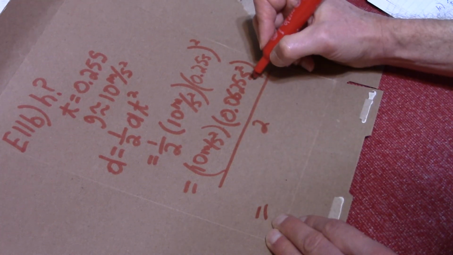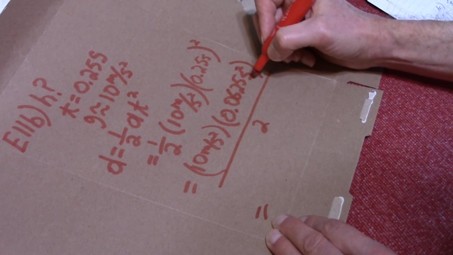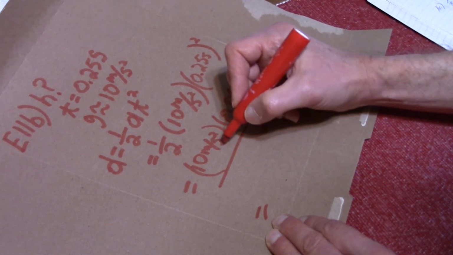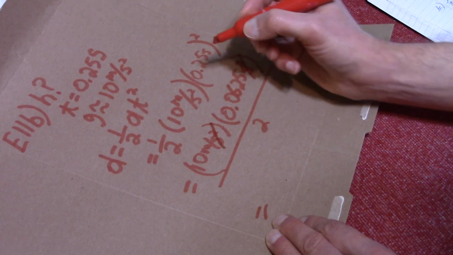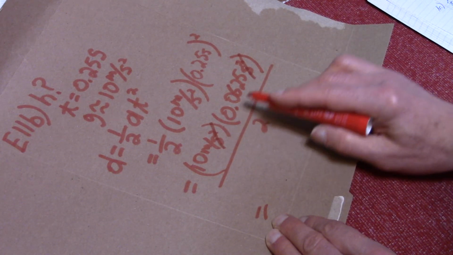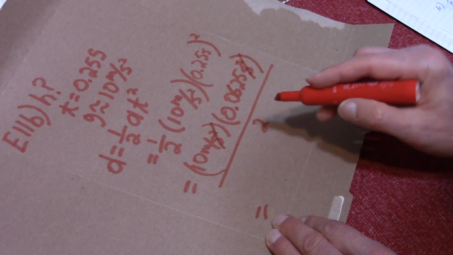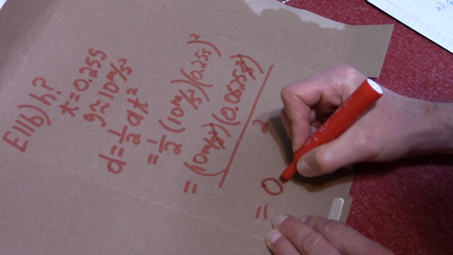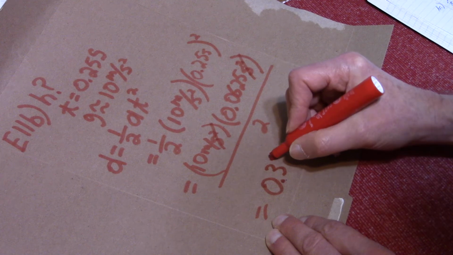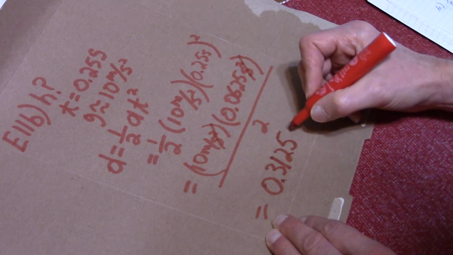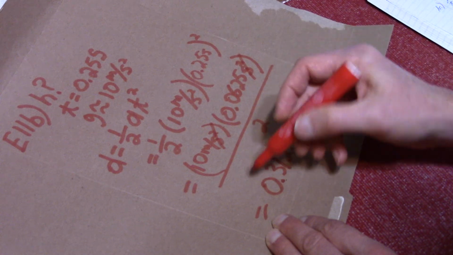Well, you have a second squared in the numerator here, and you can cancel out the second squared in the denominator. You're left with meters. So 10 times 0.0625 divided by 2, and you get 0.3125 meters.